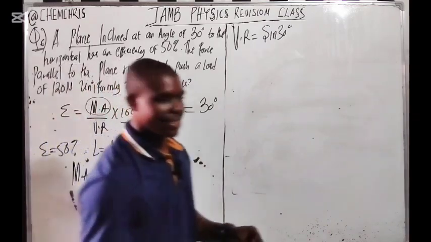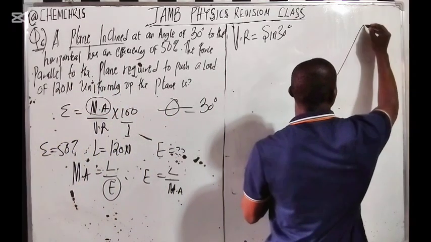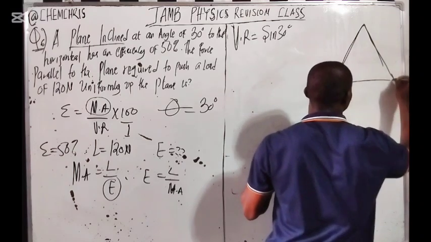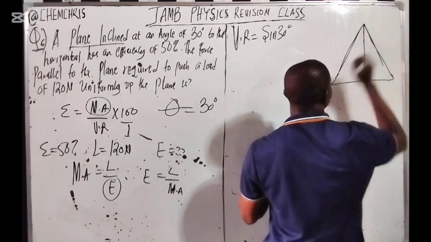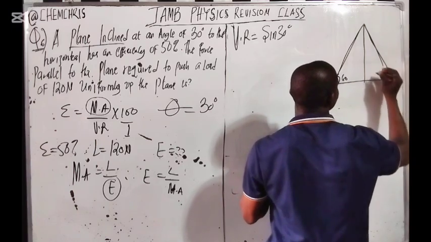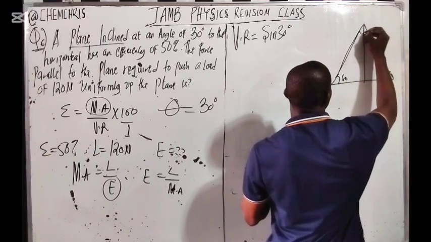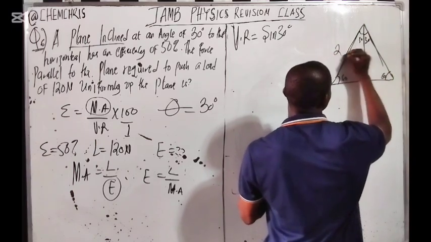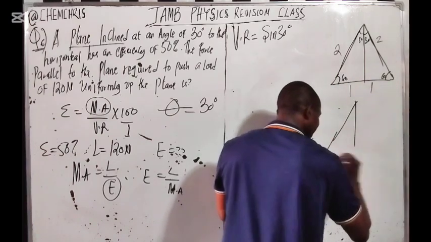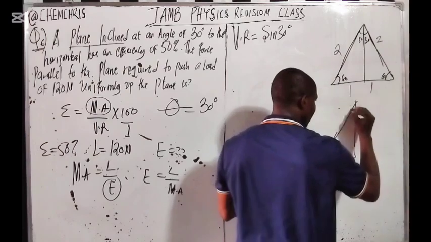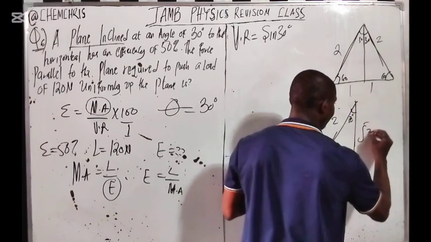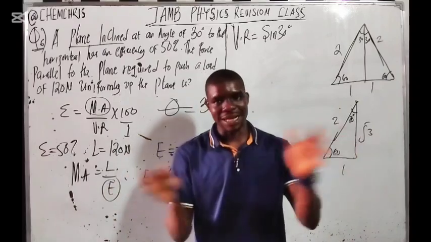And in the three identities, in the special angles, here we have 60, here we have 30, here we have 2, 2, 1, 1, right? So if you draw it out like this: 60, 30, 2, 1, square root of 3. Now you need to understand this very well.